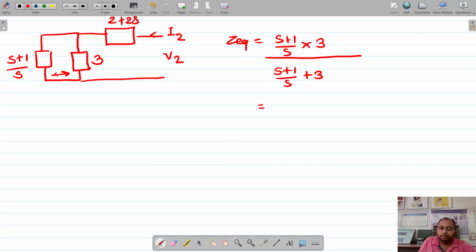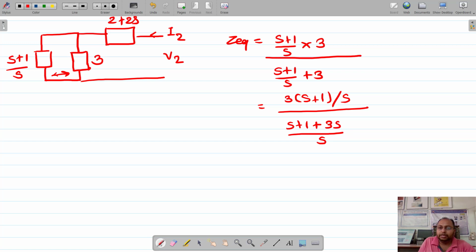So it is nothing but, okay, I'll keep 3 into (s plus 1), divided by s, divided by, now let us multiply by cross multiplication, (s plus 1 plus 3s) divided by s.